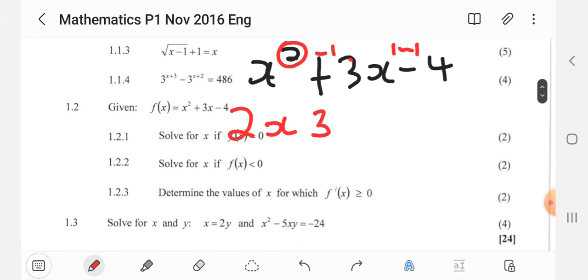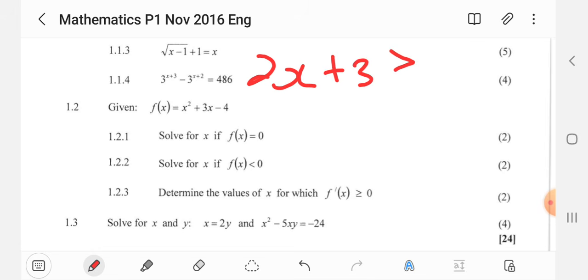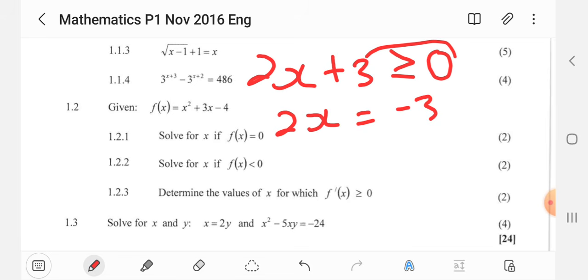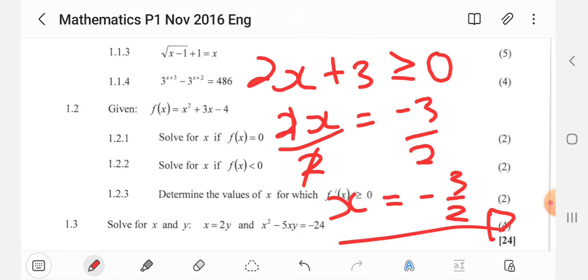So after deriving, we'll have 2x plus 3 is greater than or equal to 0. So we have 2x equals negative 3. The 3 goes this side. We're solving for x. We divide by 2 to get rid of it. Then x equals negative 3 over 2.